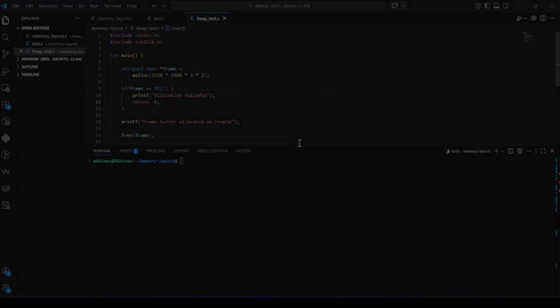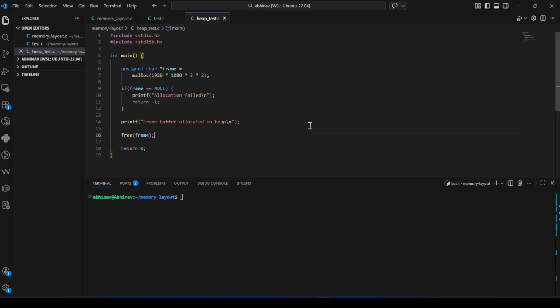So as you saw, we can allocate a large amount of memory on the heap, but there is a limitation. That limitation we will talk about later, how we can check it.